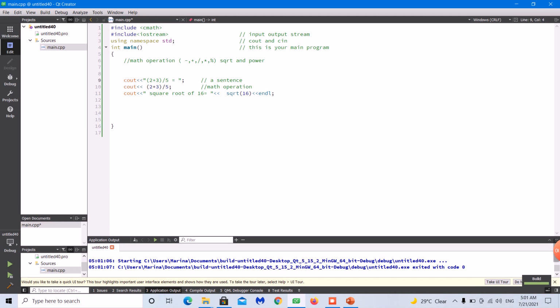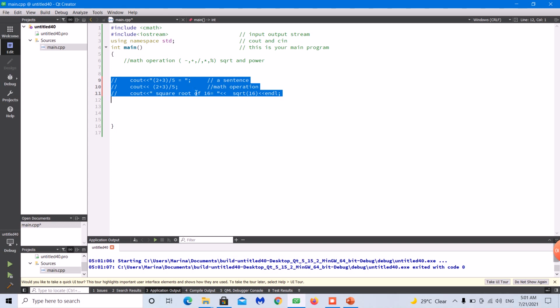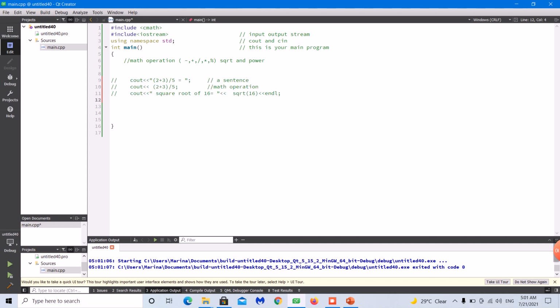For example, 2 times 3. The times is the asterisk in C++.